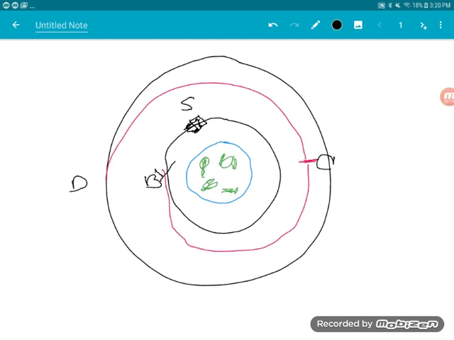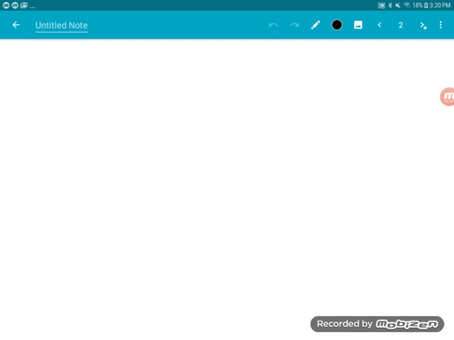I went ahead and just drew what we have. We've got the Earth, our point B, point C, point D, our space shuttle, and this radius right here between the Earth and here is 180 miles. Okay, what do we know?